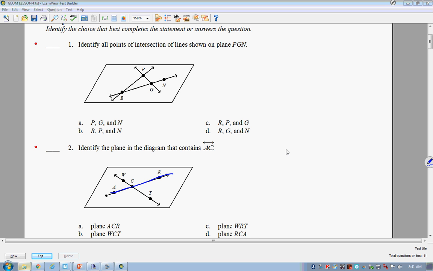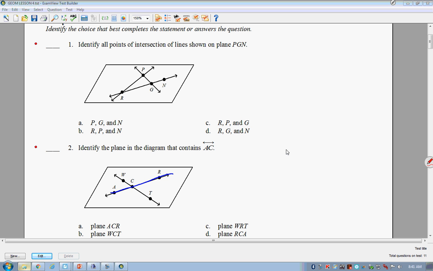So ACR doesn't work because R is on the same line, right? I need 3 non-collinear points to identify a plane. Plane WCT, it does intersect it, which would put it on the same plane, but it doesn't identify a plane because they're 3 collinear points.